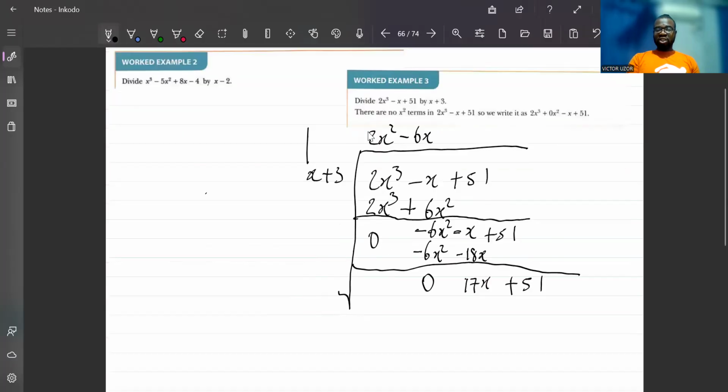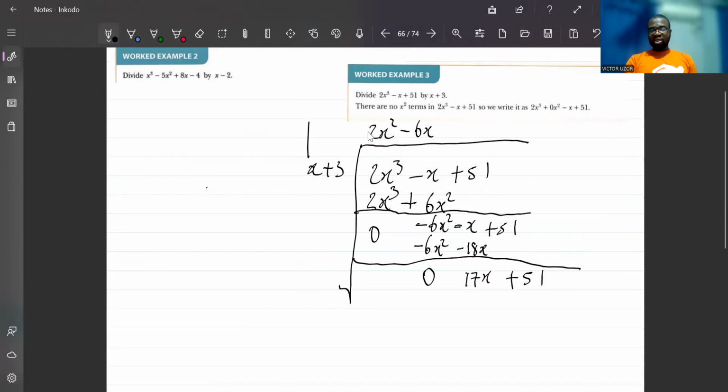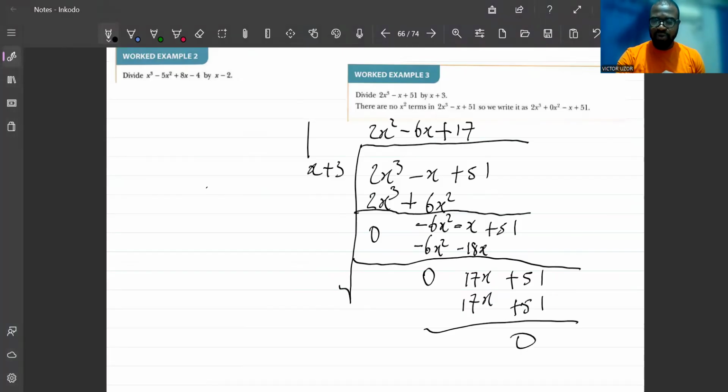In this case, you do the same thing. x divided by this gives you plus 17. So this times this will give you 17x, and 3 times 17 will give you 51. And when you subtract, this time around it will give you 0.